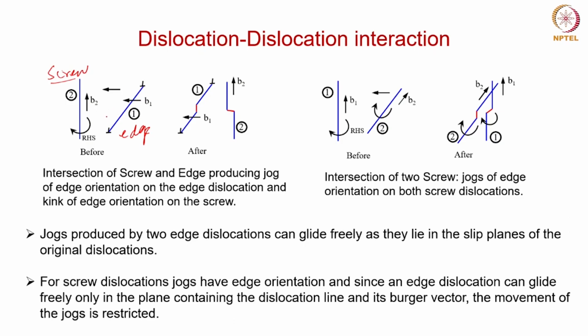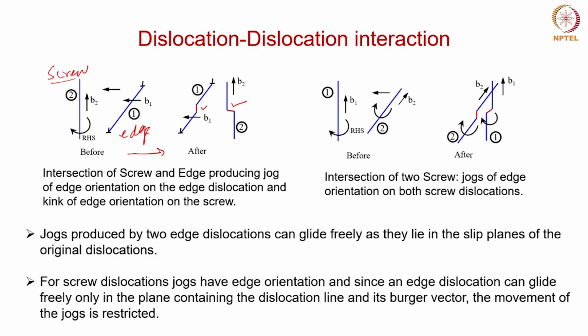So when these two dislocations meet each other, one screw and another edge, then you can see what is going to happen to each of these dislocations. Okay, so as the dislocation 1 passes by dislocation 2, there is a step generated, as you could see here, right? Similarly, in the screw dislocation also a step is created.